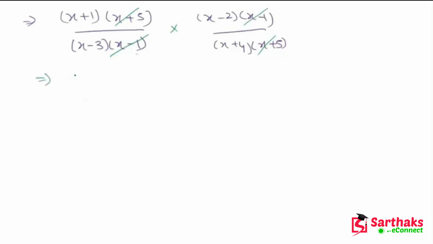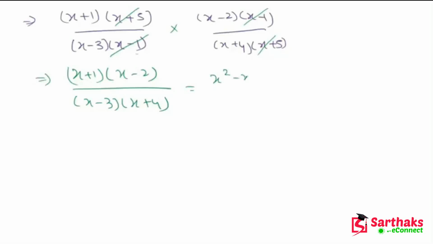So we get x plus 1 and x minus 2, and here is x minus 3 and x plus 4. Okay, my dear friends, now if we solve this, we get x square minus x minus 2 divided by x square plus x minus 12. So this is our required answer.